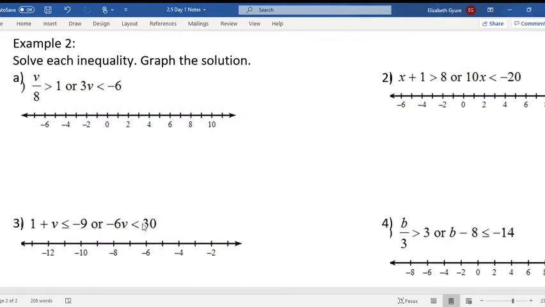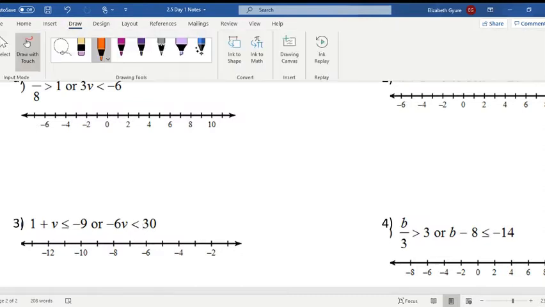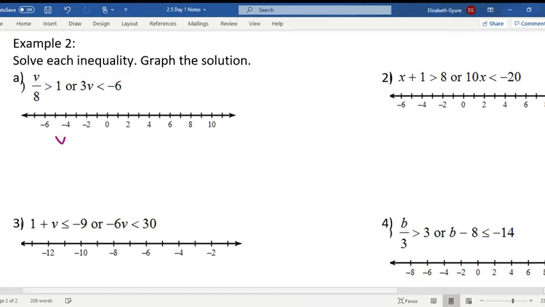Okay, so take a look at part A here. We have v over 8 is greater than 1, or 3v is less than negative 6. So let's first just look at this one on the left. V over 8 is greater than 1.